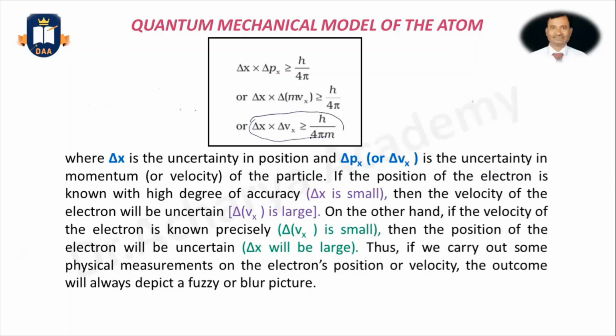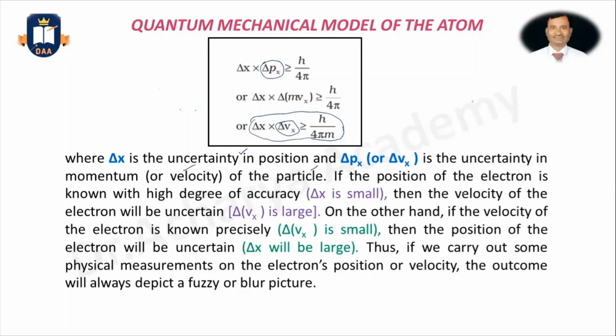In this equation, delta x is the uncertainty in position, and delta px, or you can say delta vx, is the uncertainty in the momentum or velocity of the particle.